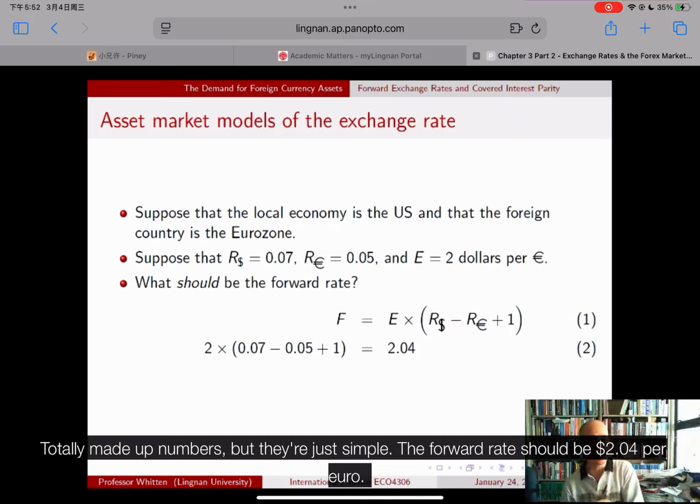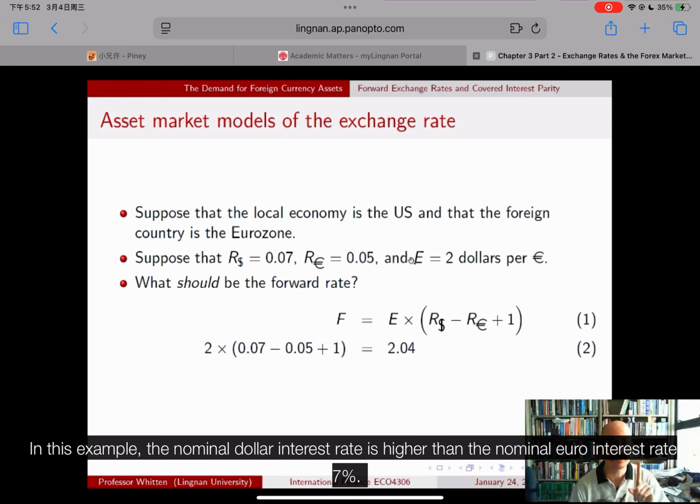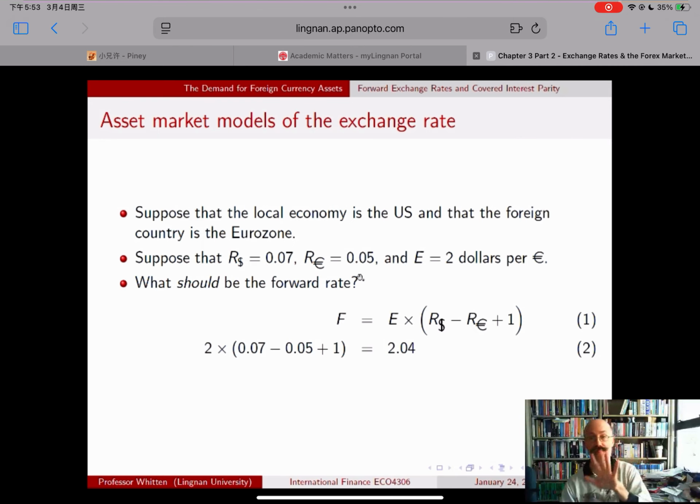The forward rate should be $2.04 per euro. Now, before we go on, I want to highlight something. In this example, the nominal dollar interest rate is higher than the nominal euro interest rate, 7%, 5%.